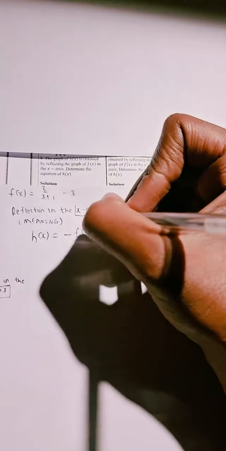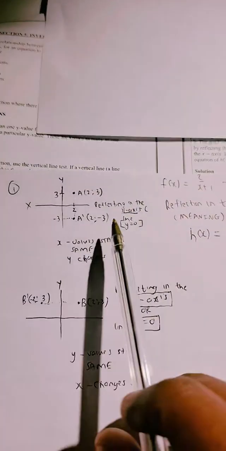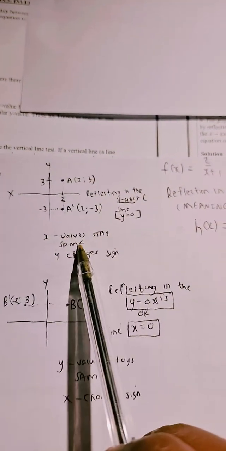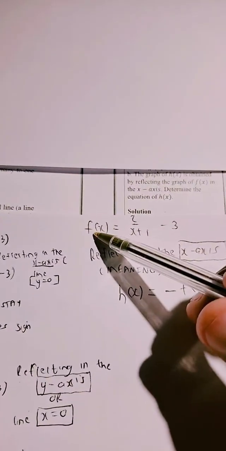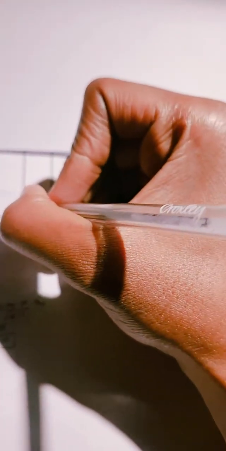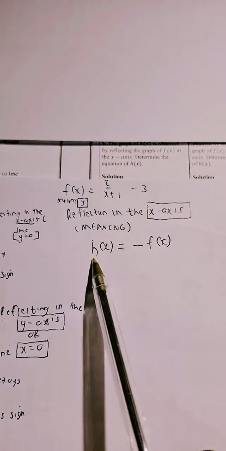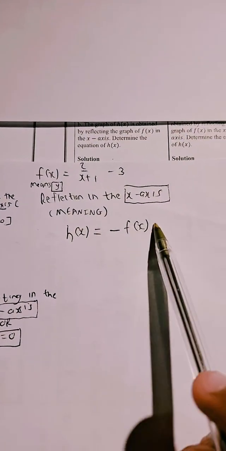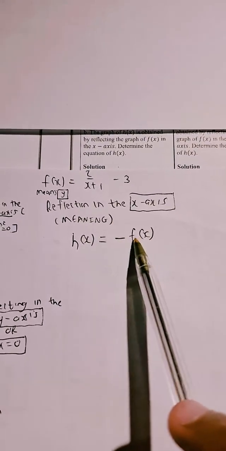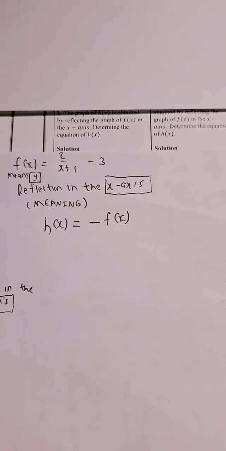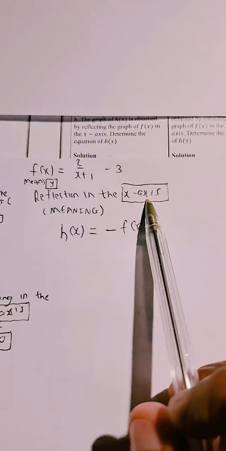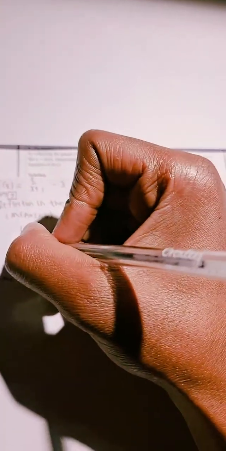Why? Reflection in the x-axis means the x value stays the same, y changes. So remember, f of x means y. So the new function is found by multiplying the positive y value by a negative, because that's a reflection in the x-axis.